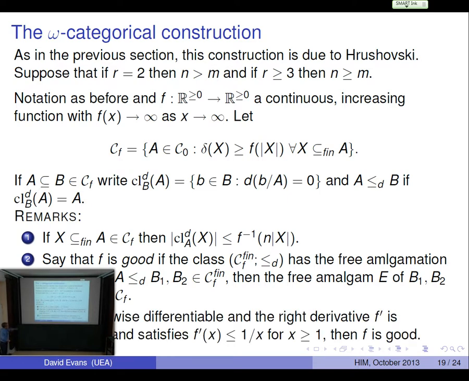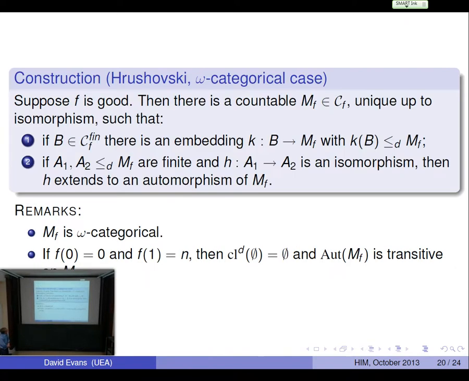And the condition that Hrushovski gives is that if you take something that doesn't grow too quickly, so something that grows sort of logarithmically, then you will get a free amalgamation class. Yeah. Okay, so once you've got a free amalgamation class, you can do a Hrushovski construction.